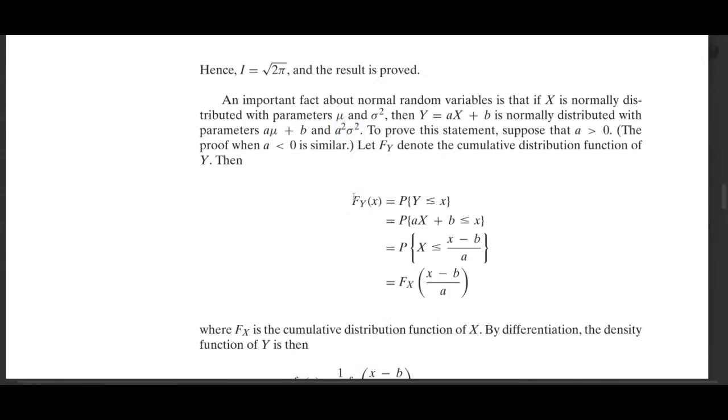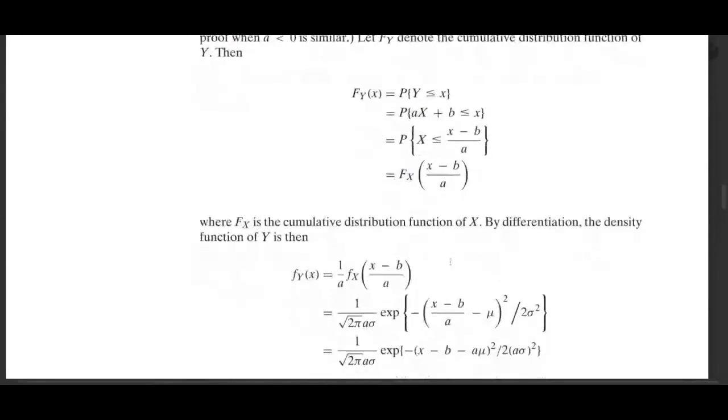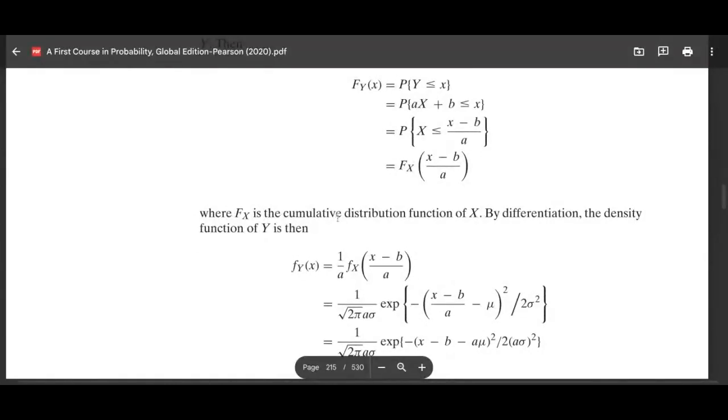Okay, let's see. Remember this, Y equals aX plus b. So the cumulative function, right? Probability Y less than or equal to x. Then Y is aX plus b. Then we subtract b on both sides, then we divide by a on both sides. That's the cumulative of F_X at (x minus b) divided by a. Then we get the density by differentiation.